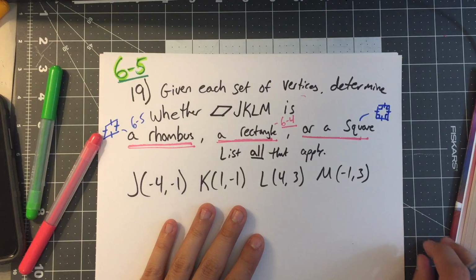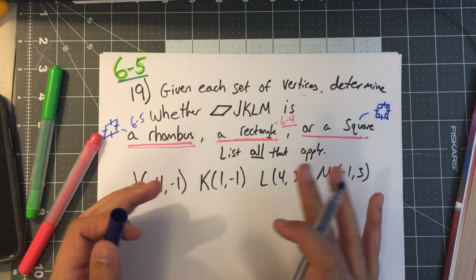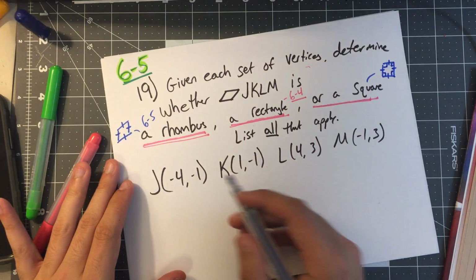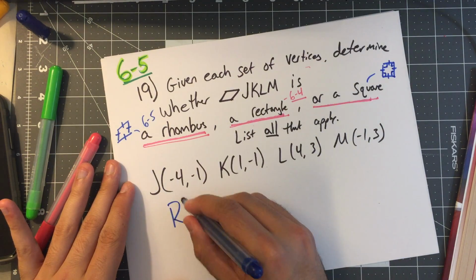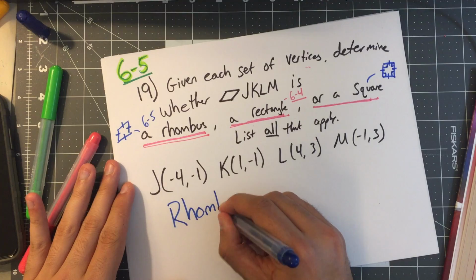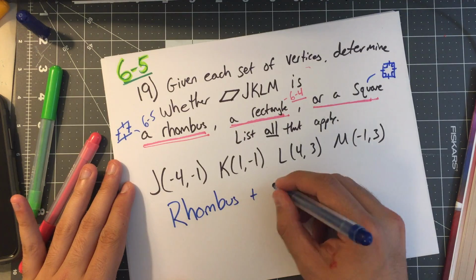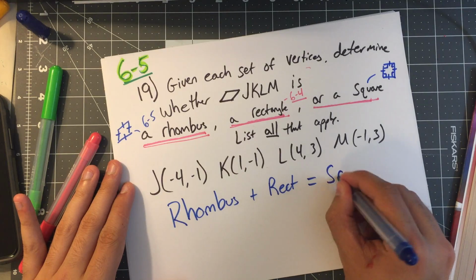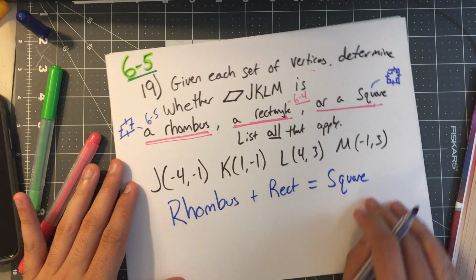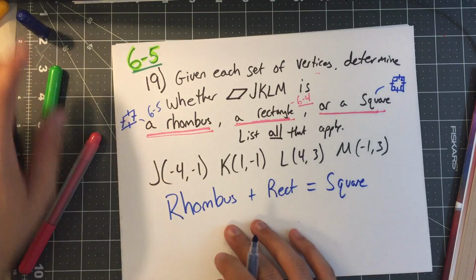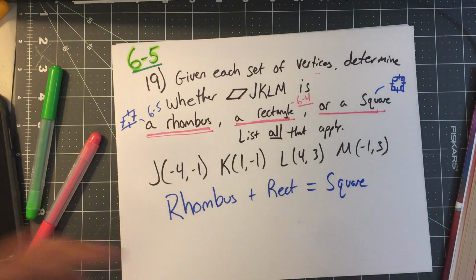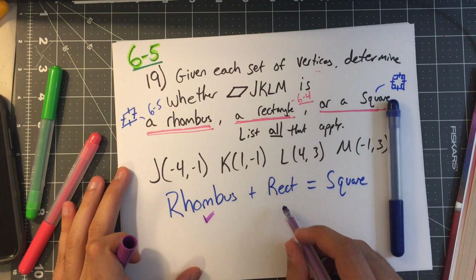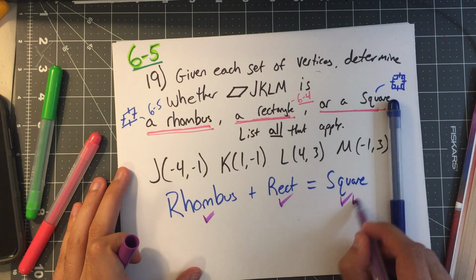So the key idea to this problem, one of our biggest notes from 6-5, was that rhombus plus rectangle equals square. Also known as, if a shape is both a rhombus and a rectangle, then it's going to be a square.